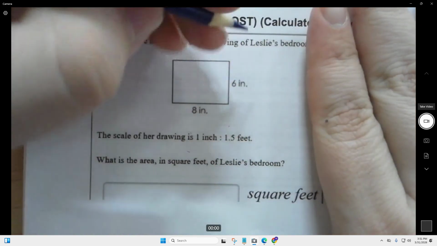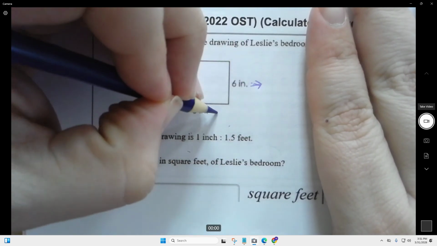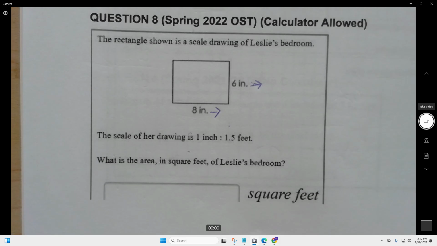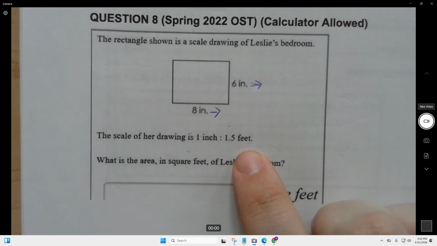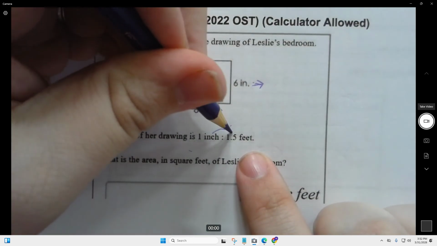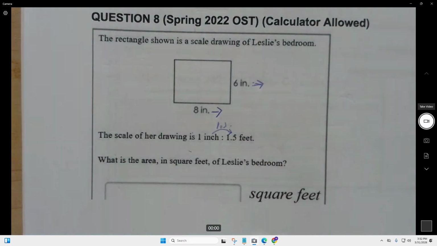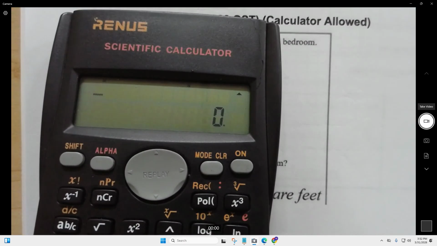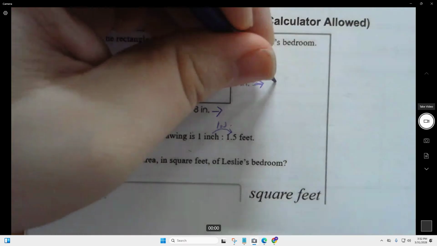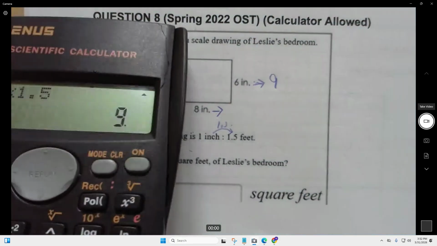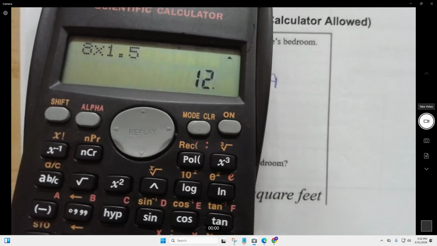All right, so as we said last time, we have to figure out our new dimensions first before we go calculating area. We know that 1 inch is 1.5 feet, meaning that you are multiplying by 1.5. So you're going to multiply each of these by 1.5. 6 times 1.5 is 9. 8 times 1.5 is 12.